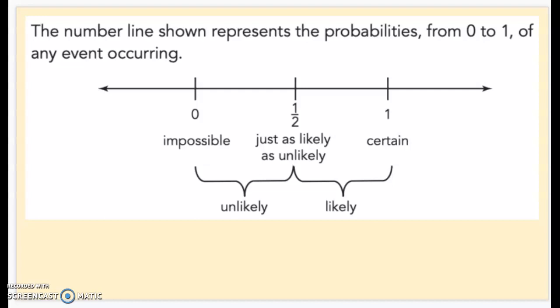Now, anything that is higher than 0 but less than 1/2 is considered unlikely, and that's what you see here. Okay, so anything higher than 0 but less than 1/2 is considered to be unlikely to happen, and anything that is above 1/2 but below 1 is likely to happen.